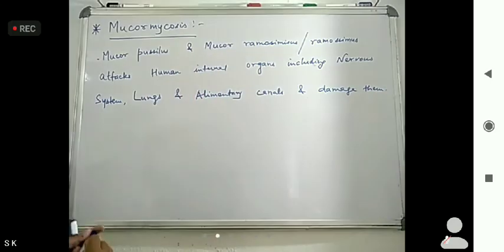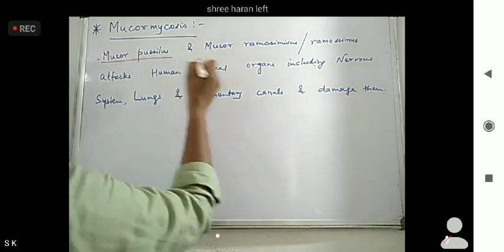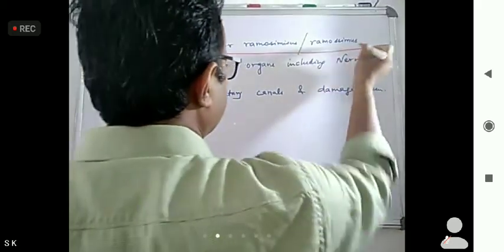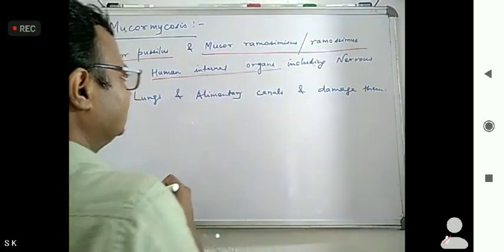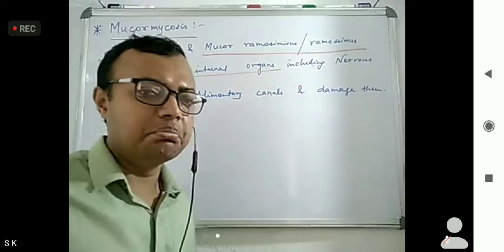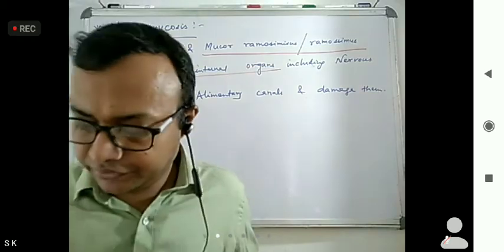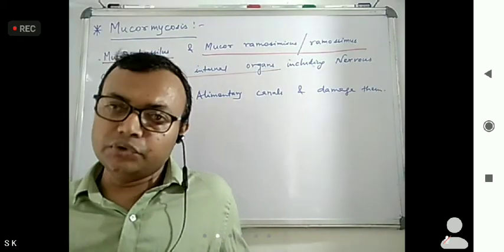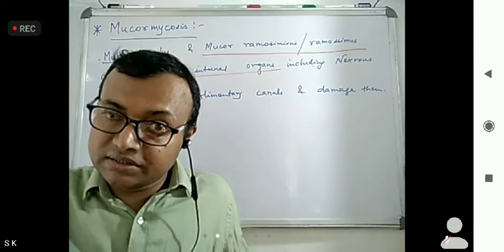Okay, so which one is that? This you have to remember. One is Mucor pusillus and one is Mucor ramosissimus. So these are attacking human internal organs and that causes which disease? Mucormycosis.